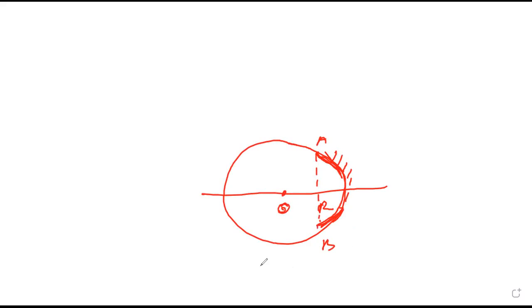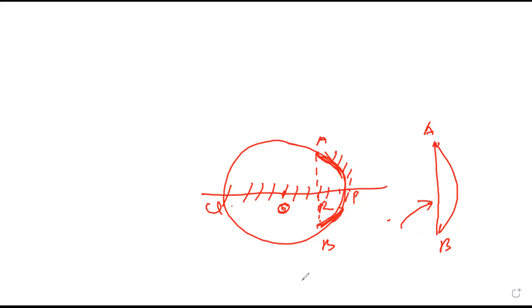PQ is the diameter of the sphere. But if this is the aperture, then these two end points give the diameter of the aperture. So AB is called the diameter of the aperture. Please remember this. They can ask you in the diagram to show the diameter of the aperture.